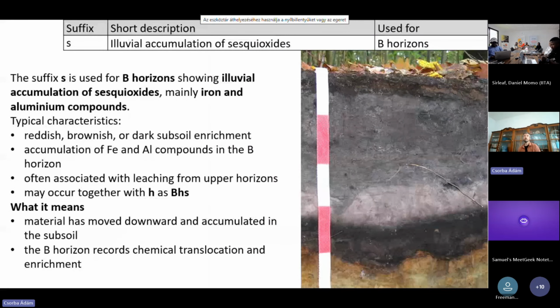Typical characteristics: the sesquioxides are developed under very acidic conditions.